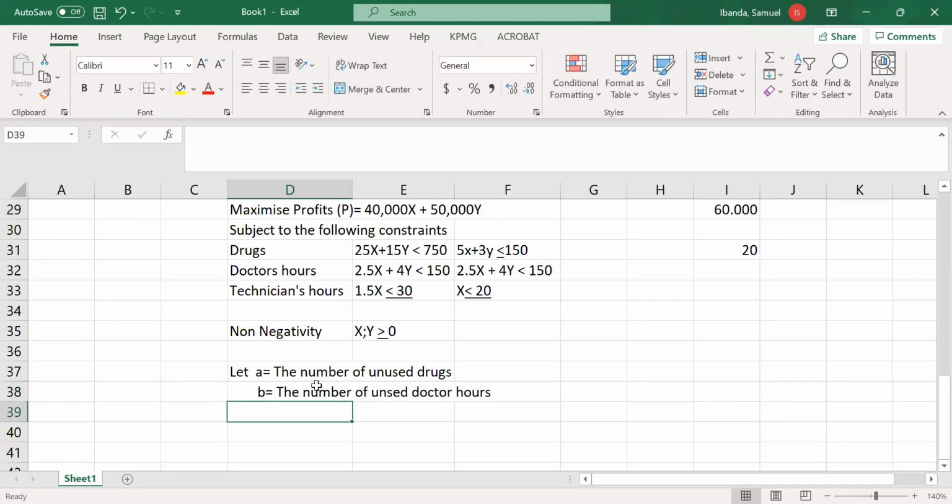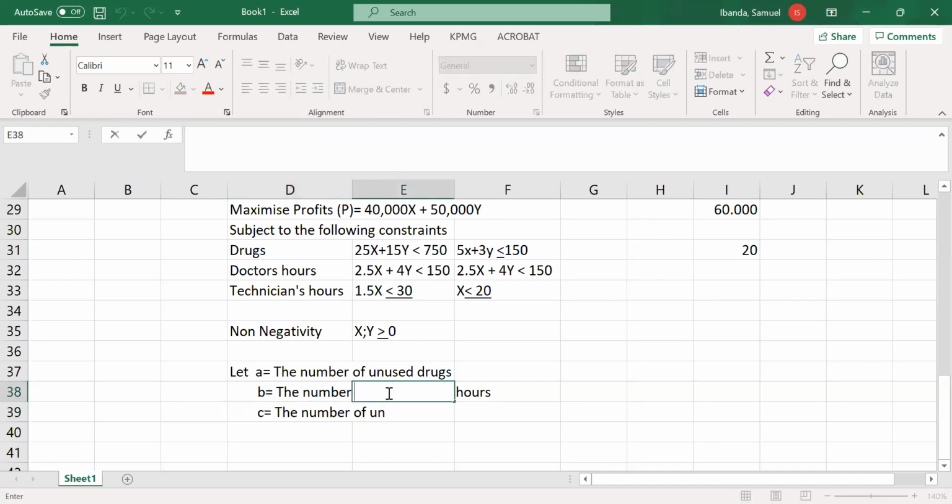And the next one we have is the technician hours. So we shall say, let C be equal to the number of the unused, sorry, I think it's supposed to be unused technician hours.